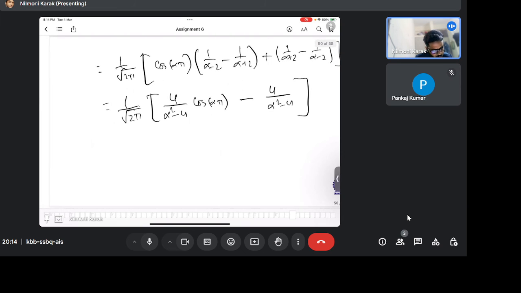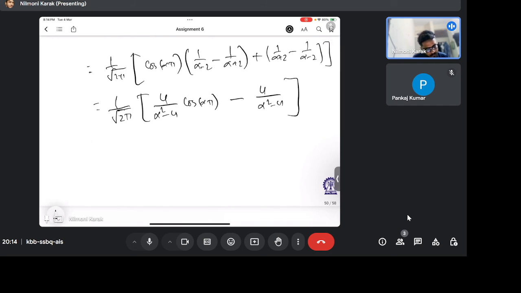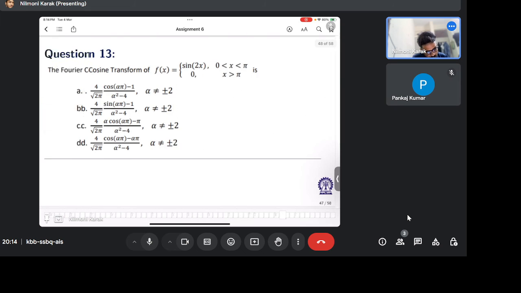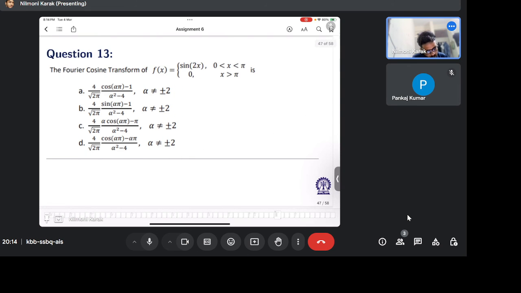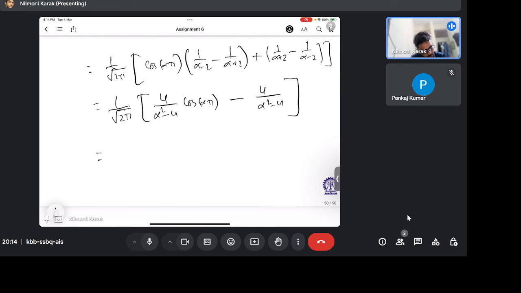1 by root 2 pi, 4 by alpha squared minus 4. You have to simplify more.